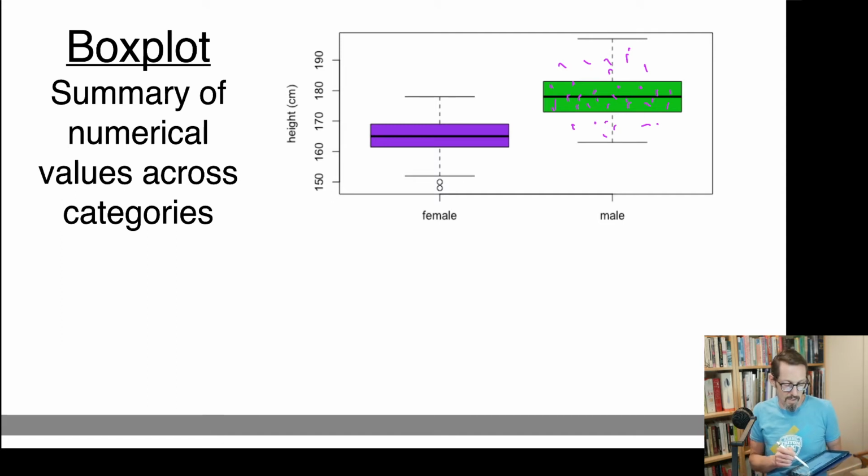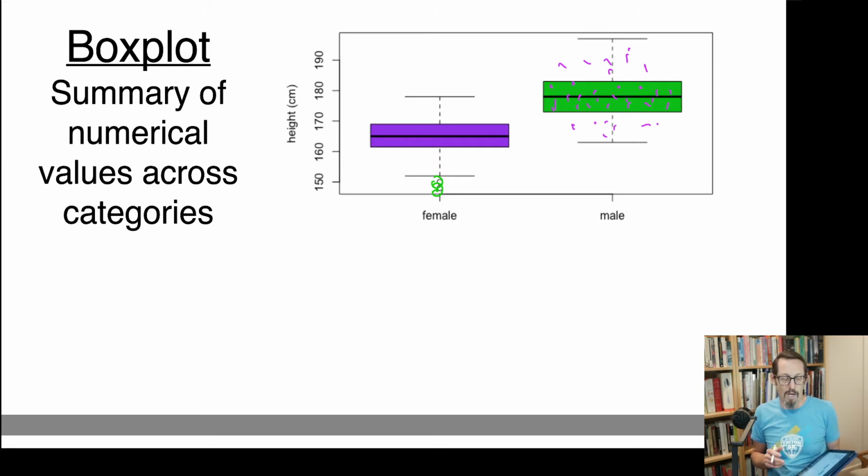Okay? These whiskers show you the edges of what we think is normal. And if you have any circles like this down here, those circles which are outside the whiskers, they only appear outside the whiskers. Those are outliers. By a certain statistical definition, they are very weird compared to the rest of the data, okay?